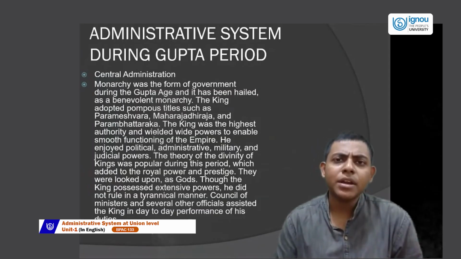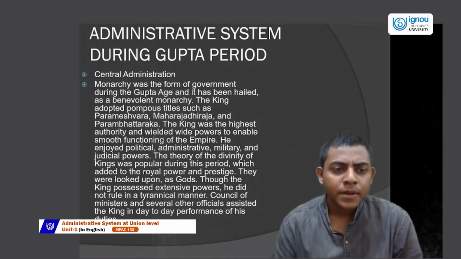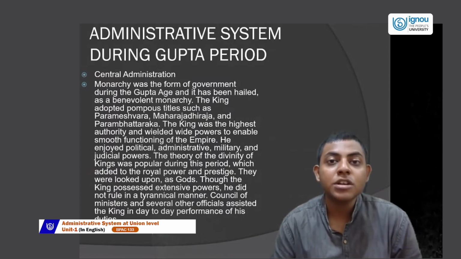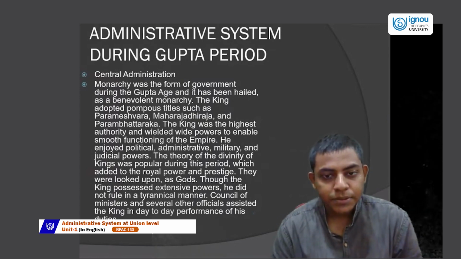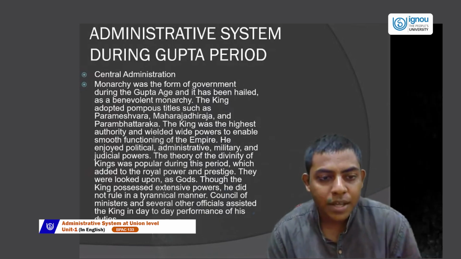During the Gupta period, monarchy was the form of government, similar to what it was in the Mauryan period. The Gupta age has been hailed as a benevolent monarchy. So it was not an absolutist or autocratic monarchy, it was a benevolent monarchy.